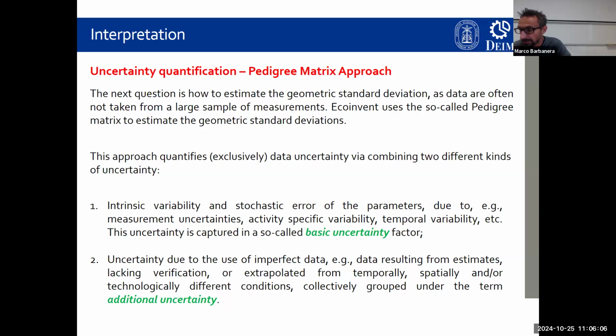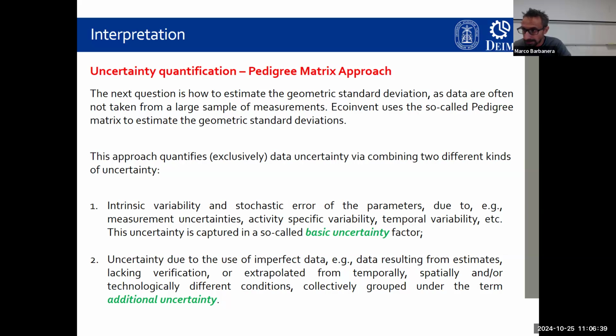Instead, additional uncertainty, we can have this kind of uncertainty for secondary data. So we can say better that for secondary data, we have both types of uncertainties: basic uncertainty and additional uncertainty. Instead, for primary data, we have only the first one.